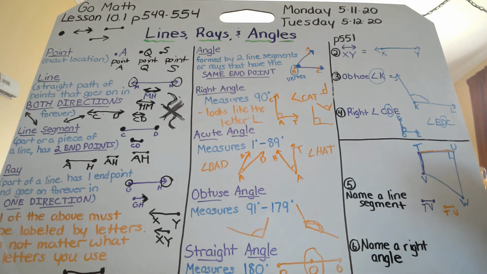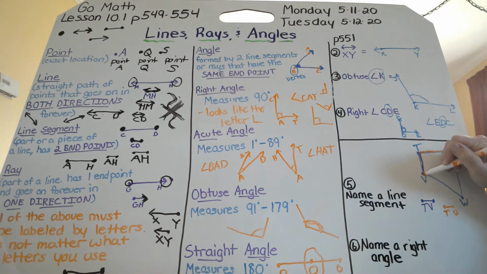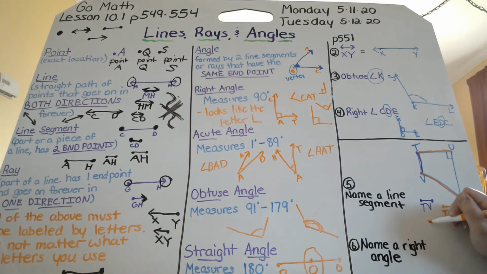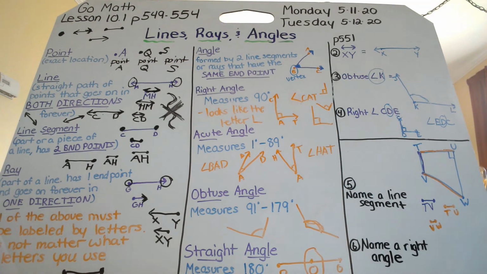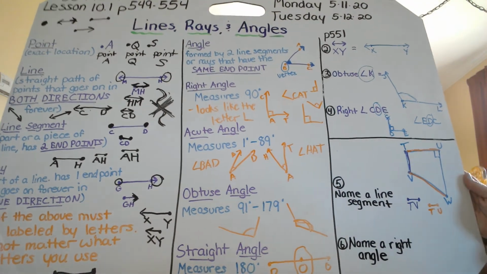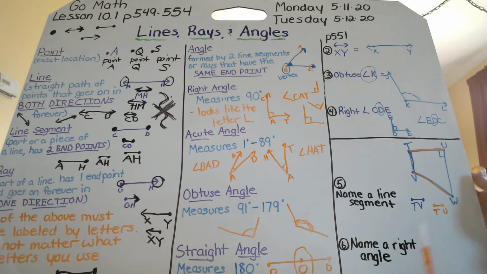I heard somebody say VW, which is going from this point all the way down to this point. That is also a good line segment, VW. And I'm going to erase that because that looks horrible, and redo that for a second so you guys can see it more clearly.